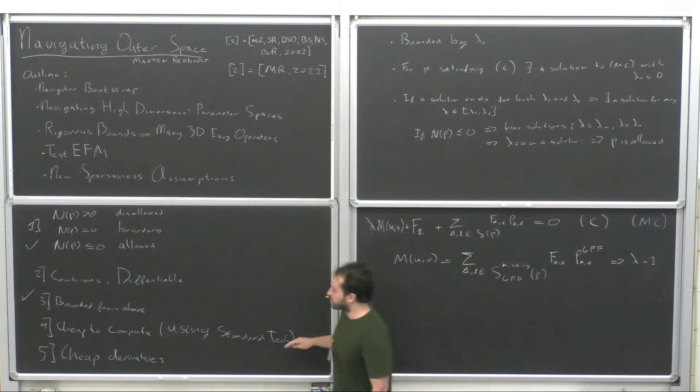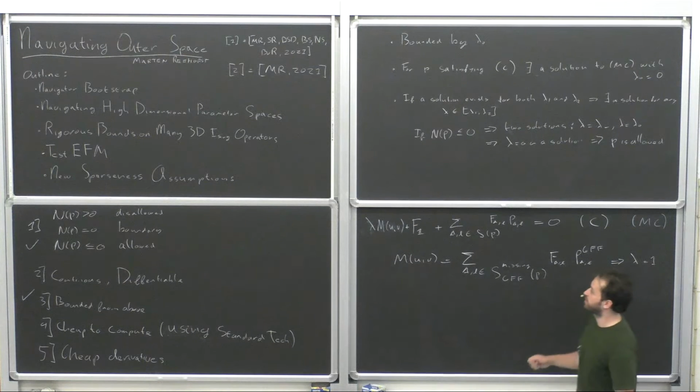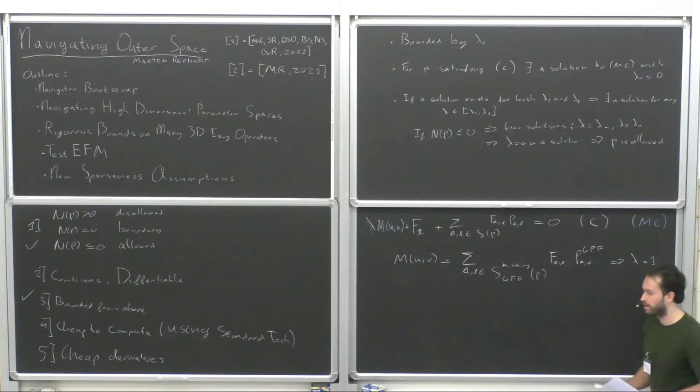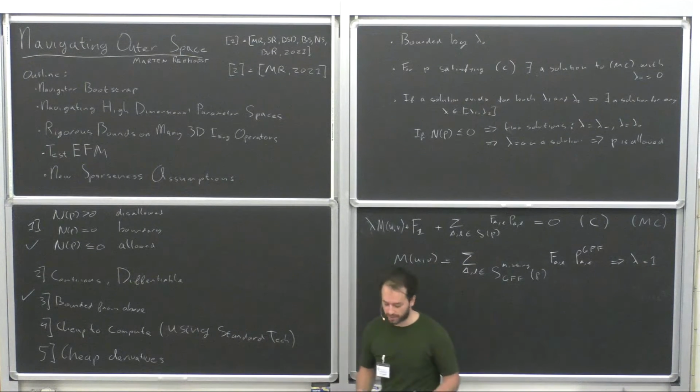Because it's an optimization task, it is slightly more expensive than checking whether something is allowed or disallowed, but this is only a factor of 3, and we will see that we more than gain this back by having this function to guide us.